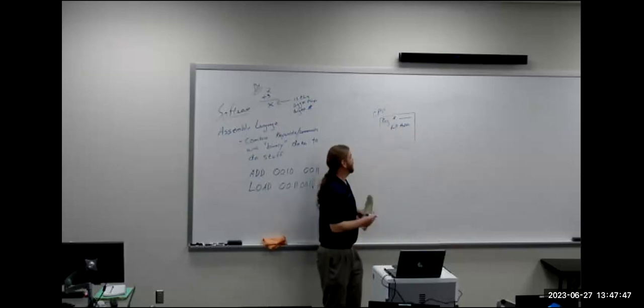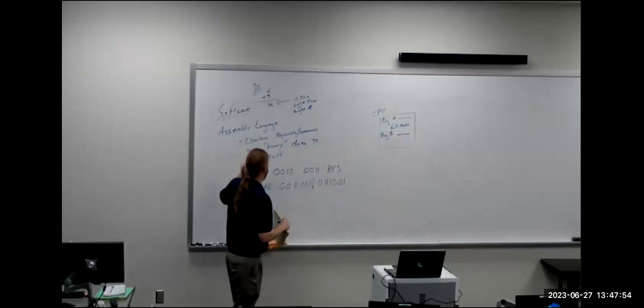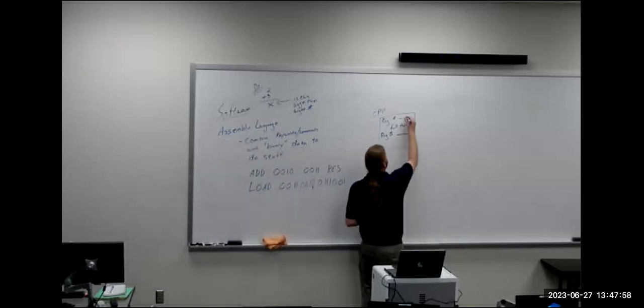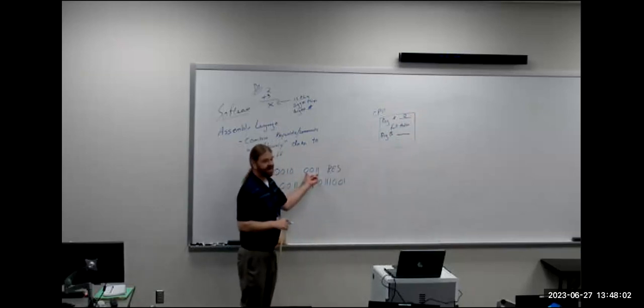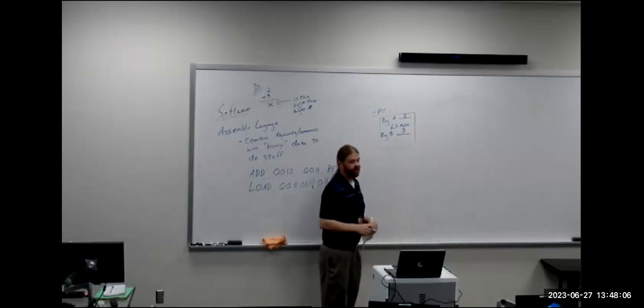We plug them in, and then register B. So when we want to do math, we take our first number, put that in register A. I'll write a 2 here. We take our second number, put that in register B, and this is just an open circuit.